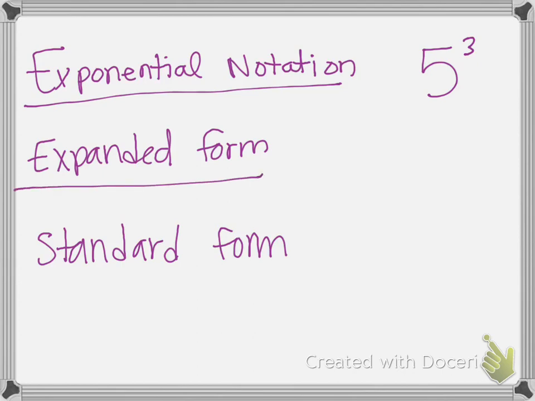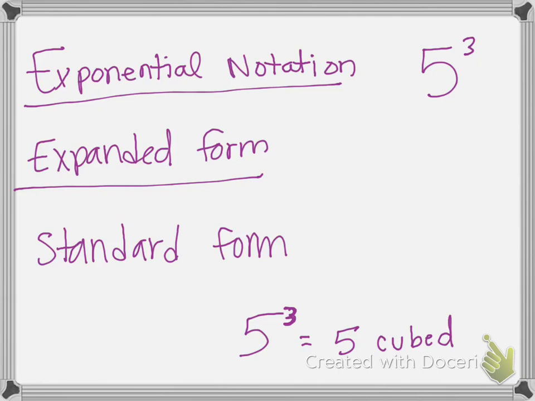Well, if I have a number and it has an exponent, such as 5 to the 3rd power, or the power of 3, also known as 5 cubed, so go ahead and write that down. 5 to the 3rd power is the same as saying 5 cubed.